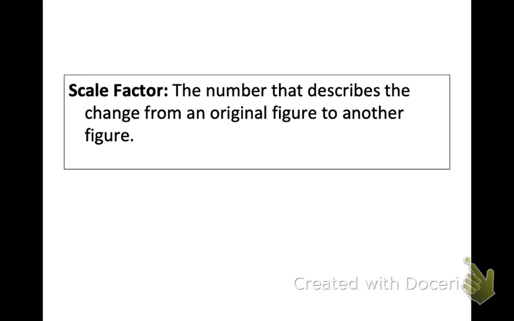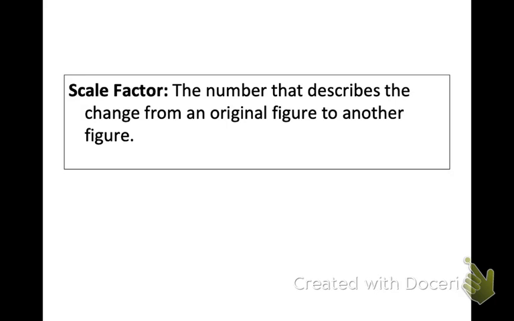Got it? All right, so our next vocabulary word is the scale factor. Your scale factor is the number that describes the change from an original figure to another figure.